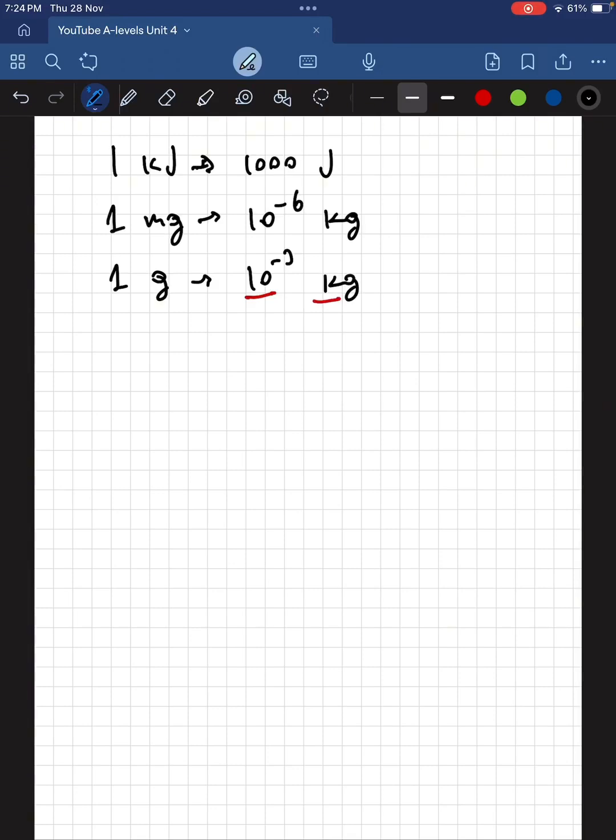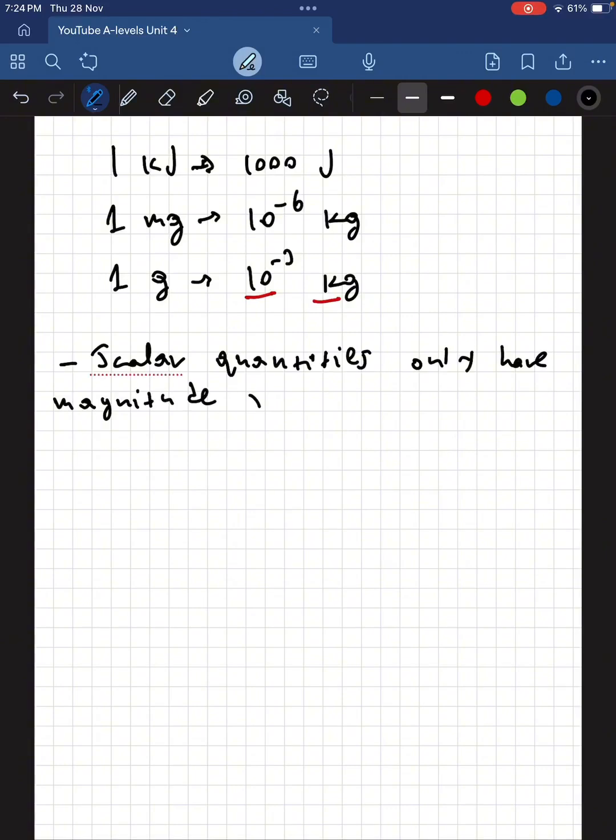All right, so another thing we will need in physics is scalar and vector quantities. Scalar quantities only have magnitude, but no direction.